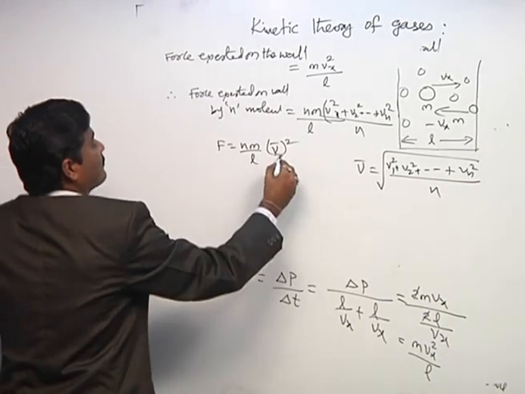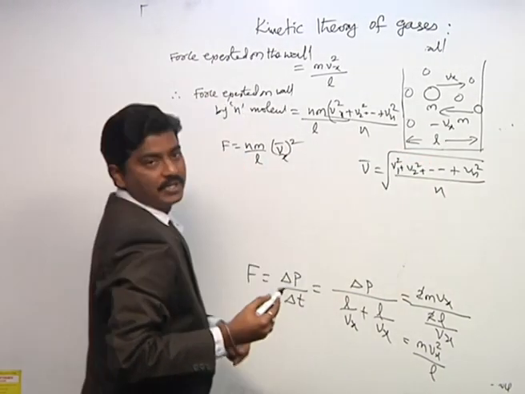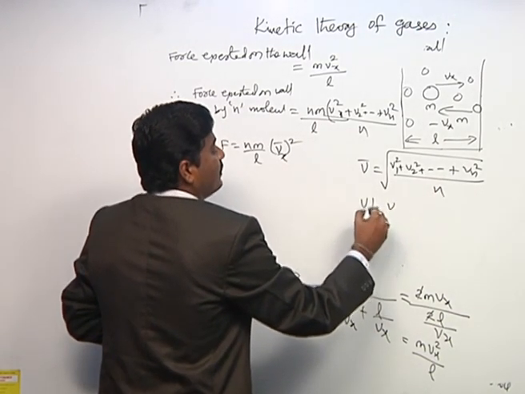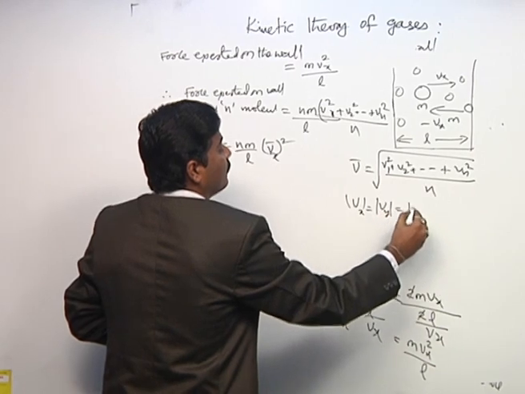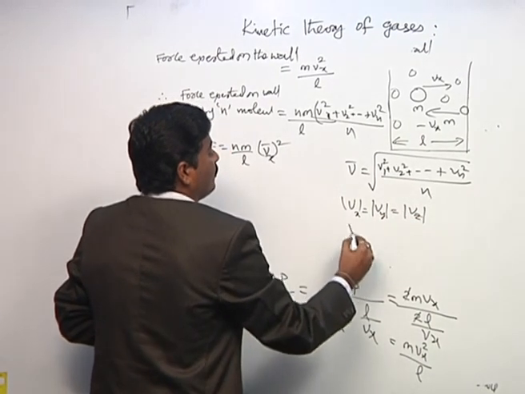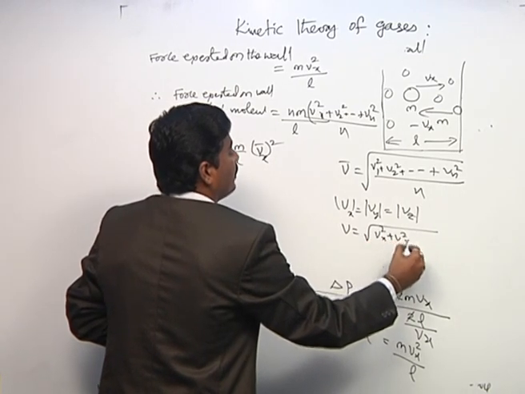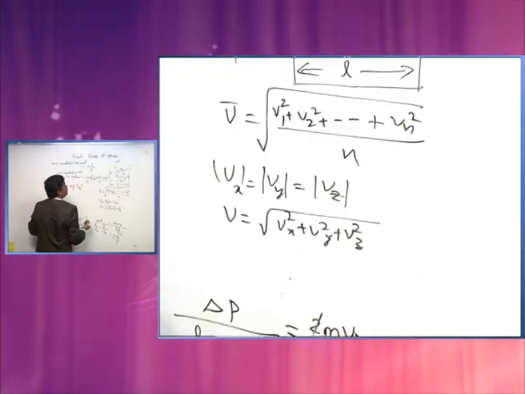See, this is along the x component; our assumption is along the x component. But according to the kinetic theory assumptions, Vx, Vy and Vz are equal. So we can write v is equal to the root of v square x plus v square y plus v square z. This is the magnitude.